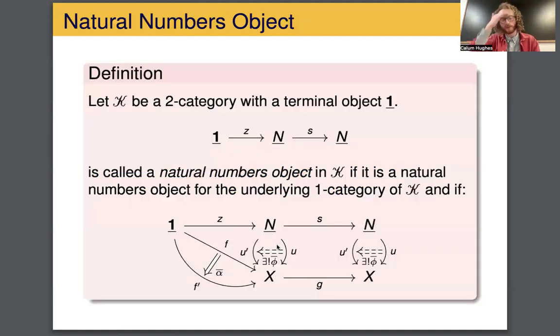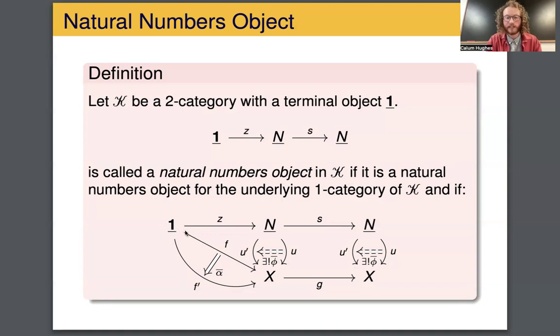We now move on to define a two-dimensional version of the natural numbers object. If we have a two-category with a terminal object, then this data, an N, a map from 1 to N, and a map from N to N, we call this a natural numbers object in the two-category K if it is a natural numbers object for the underlying one-category of K, and also if it has a two-dimensional universal property.